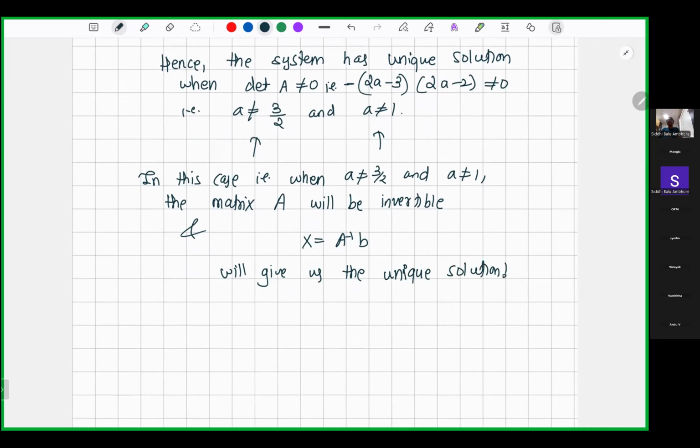And how to find that solution? We know how to use row operations to obtain the inverse of any given matrix, right?